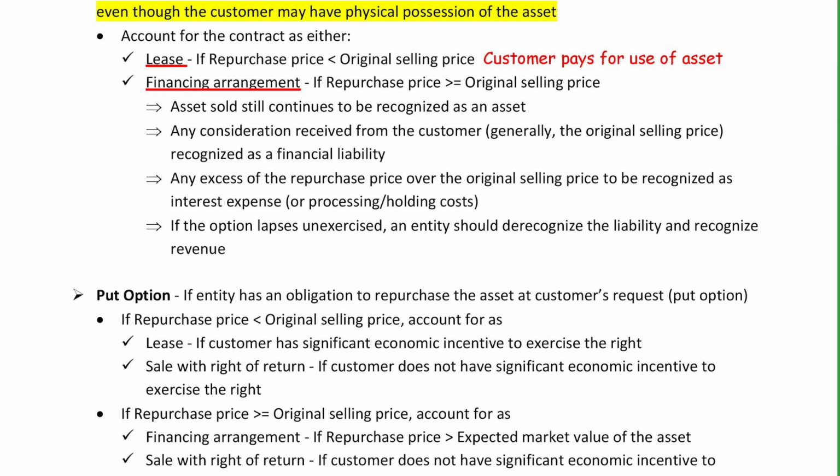So the repurchase price of 550 was greater than the original selling price of 500. Hence, it was like a financing arrangement where the seller pays interest on a loan. The $50,000 was like the interest on the loan, while the asset is the collateral.